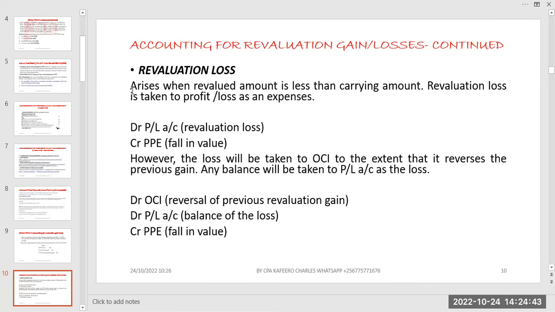So we shall increase the asset account by 15 million, but we'll credit profit and loss in regards to the reversal of the revaluation loss of 10 million. Then the balance of 5 million is what we shall be taking to the OCI. So this 5 million, we will be crediting the OCI with the 5 million. We'll credit profit and loss.